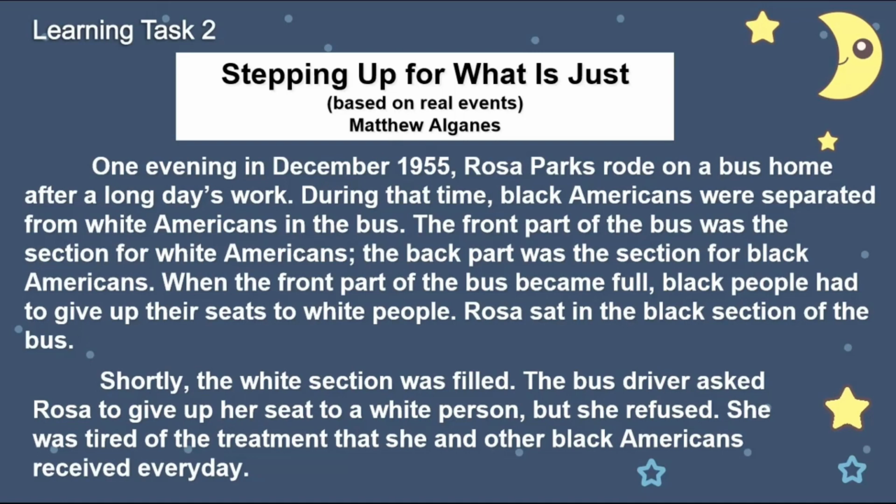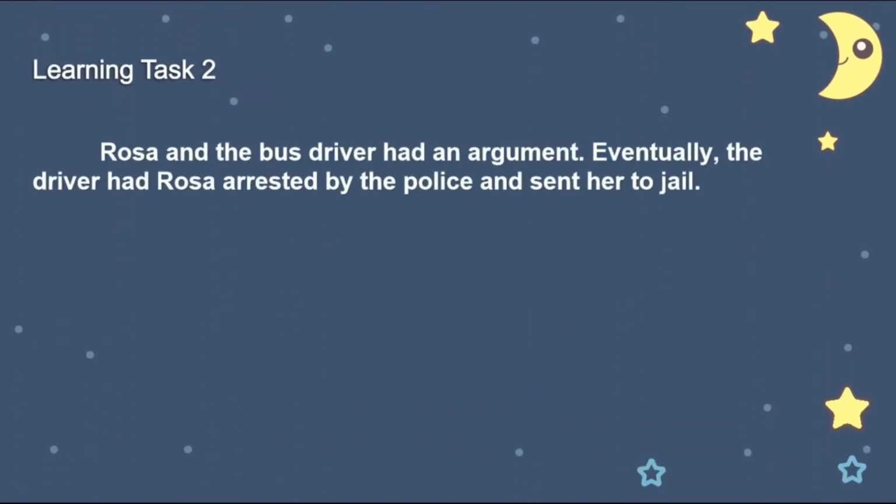Shortly, the white section was filled. The bus driver asked Rosa to give up her seat to a white person, but she refused. She was tired of the treatment that she and other Black Americans received every day. Rosa and the bus driver had an argument.